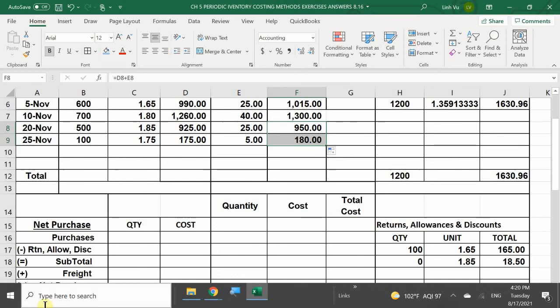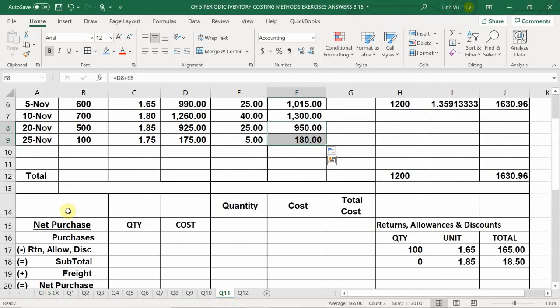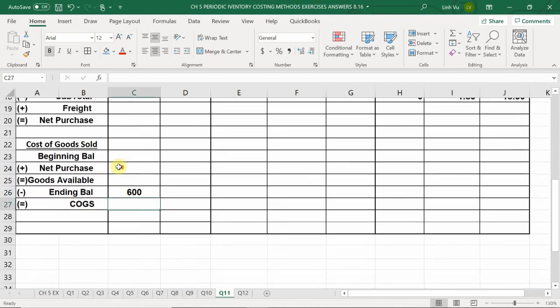$180. Okay. All right. Last but not least, on November 30th, you have a total of 600 toys on hand. So go to your inventory worksheet. We have a total of 600 units left in inventory. Okay.